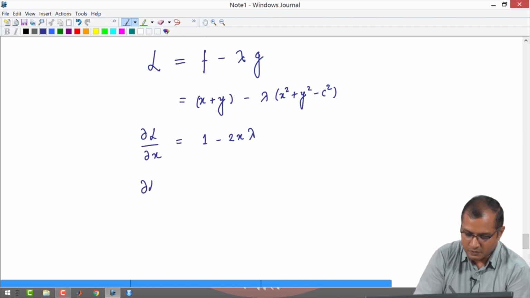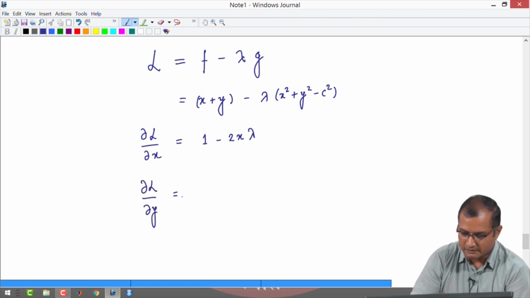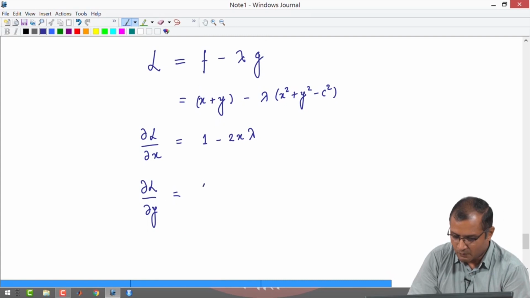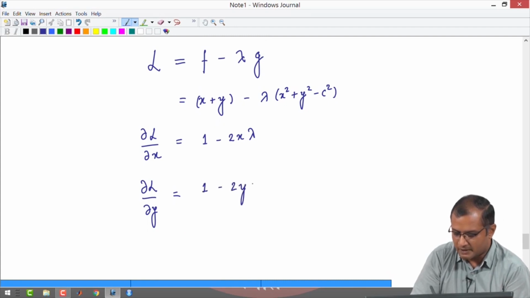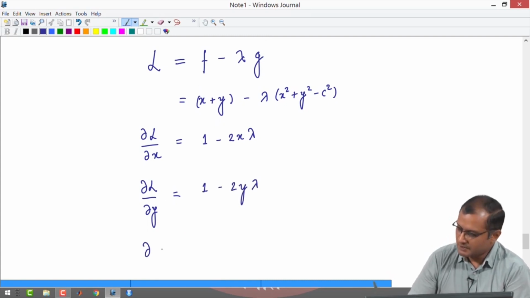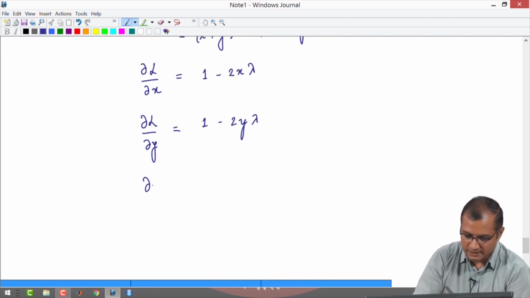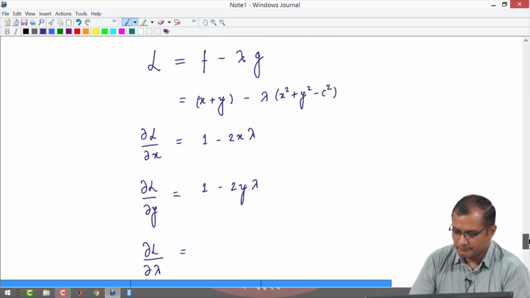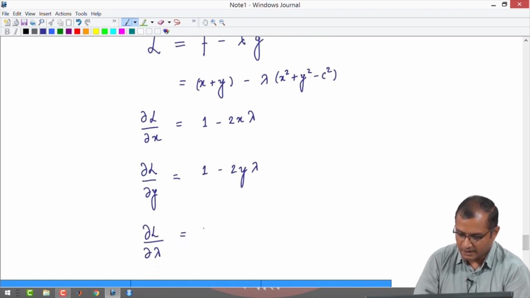Take the derivative with respect to y, these are partial derivatives. So, you will get again 1 minus twice y lambda, and the third equation basically is del L by del lambda, which is nothing but our constraint x square plus y square minus c square equals to 0.